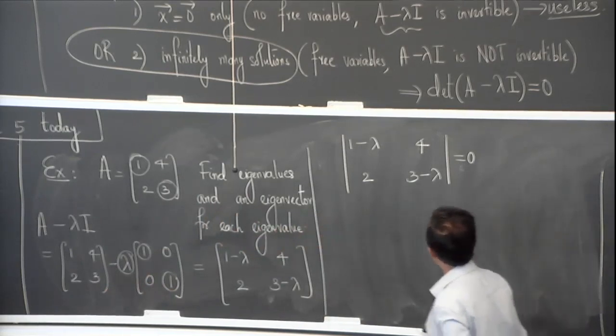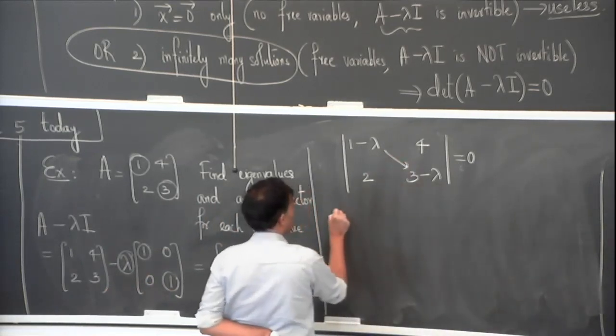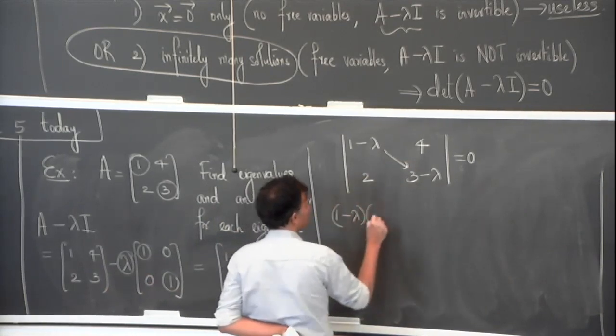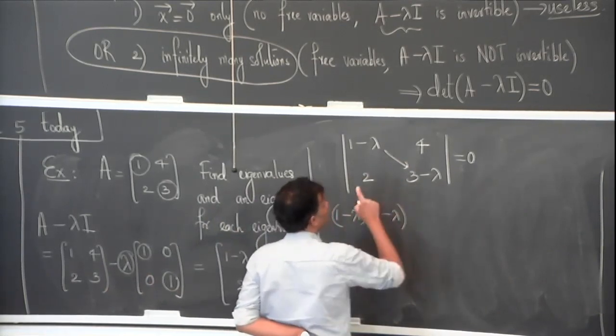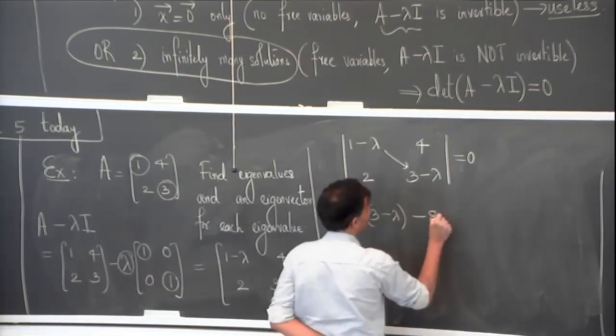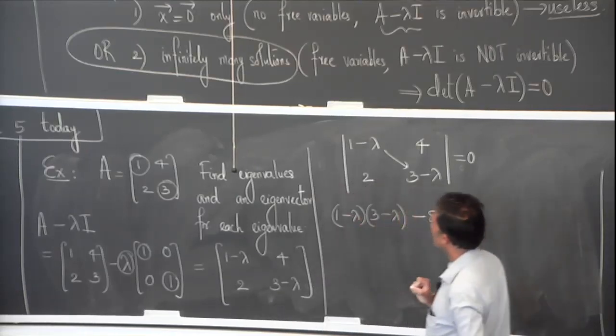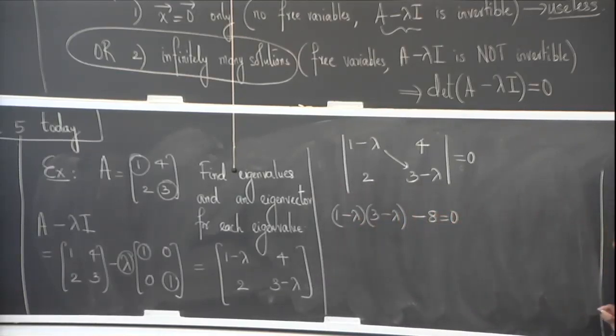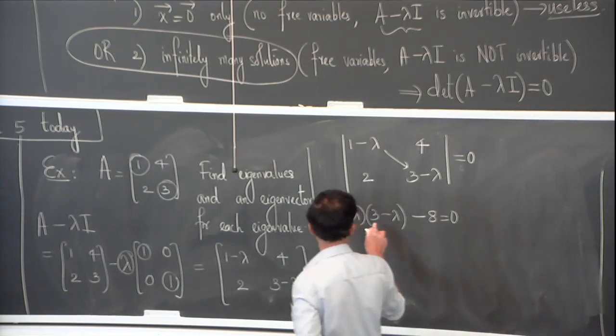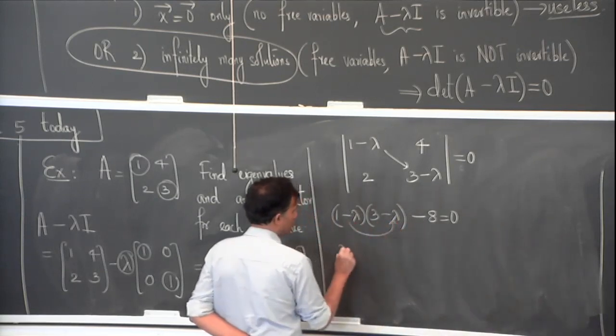All right, you know how to find the 2 by 2 determinant. That's going to be 1 minus lambda times 3 minus lambda minus 8 equal to 0. So let's simplify and solve this. So it's going to be lambda square.